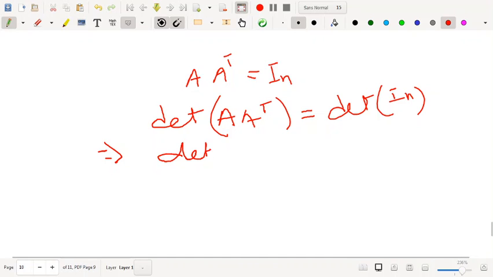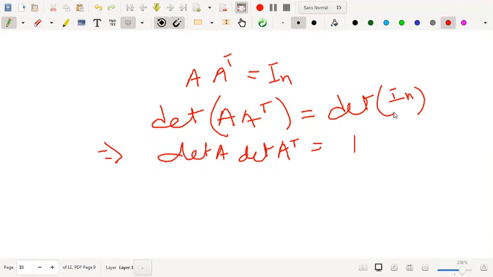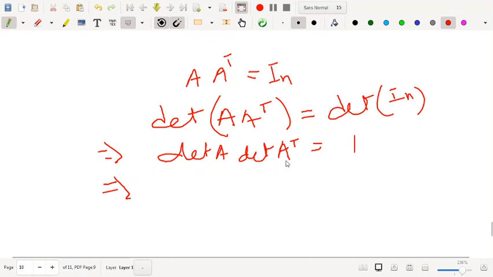So it will be the determinant of A into the determinant of A transpose, and the determinant of the identity matrix is 1, because the diagonal elements are 1, 1, 1. The determinant of A transpose is equal to the determinant of A, so the determinant of A whole square equals 1.